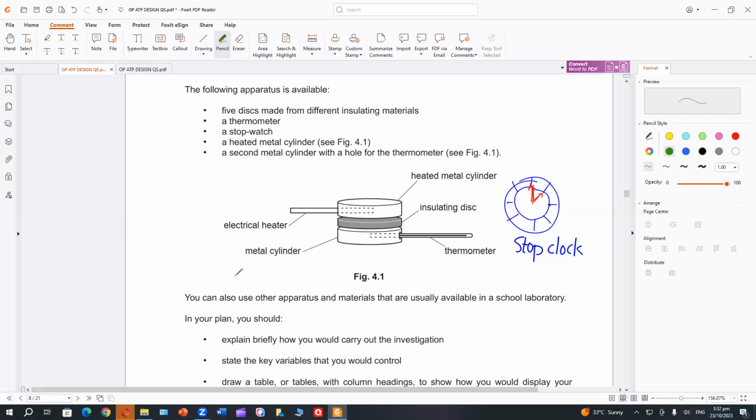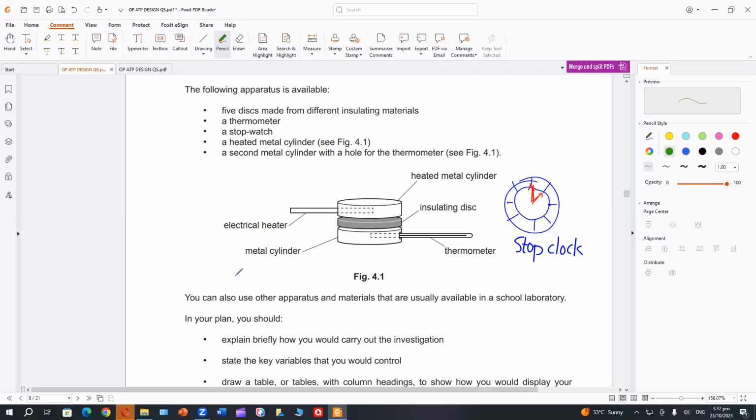Compare the temperature difference in certain times. One by one, put all the 5 insulating materials. For every insulating material, determine the rise in temperature in a given time.